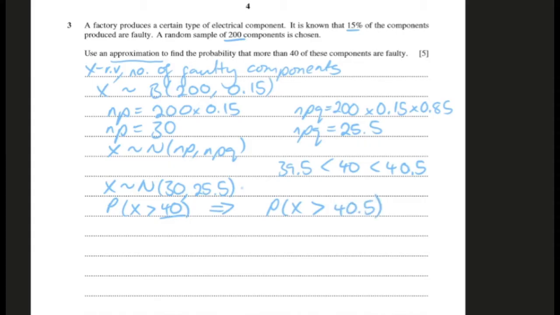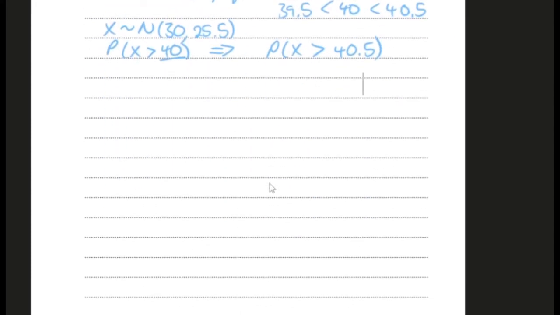Okay, now let's solve. Let's standardize. That's the probability that z is greater than 40.5 minus 30 over the square root of 25.5. Let's punch that into our calculator, and that gives us 2.079. Okay, let's draw our bell curve for this problem.